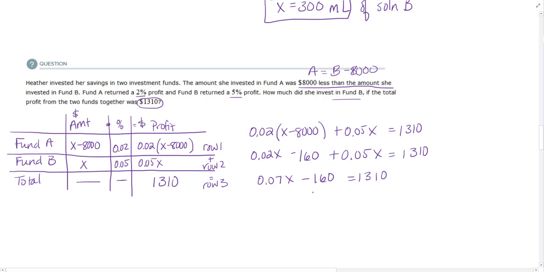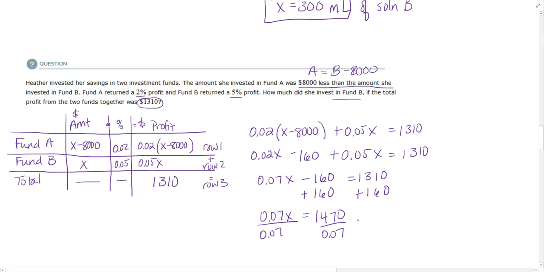And so now we're ready to start moving things around and doing inverse operations. So let's add 160 to both sides. We'll get 0.07x equals 1,470. And then divide by 0.07 on both sides.